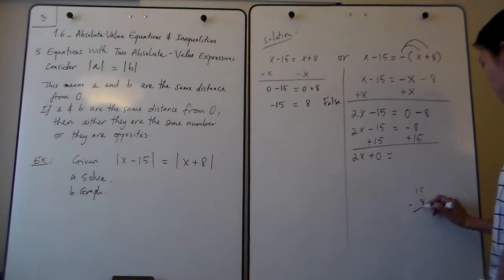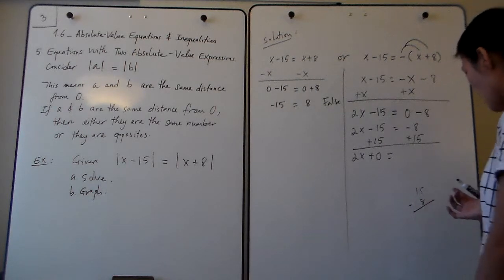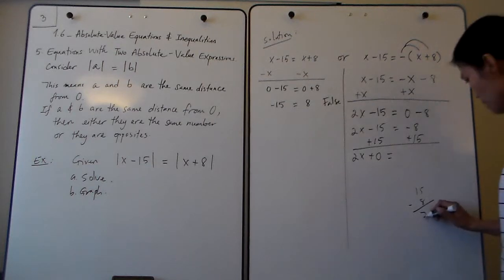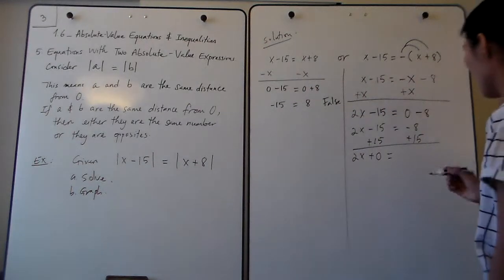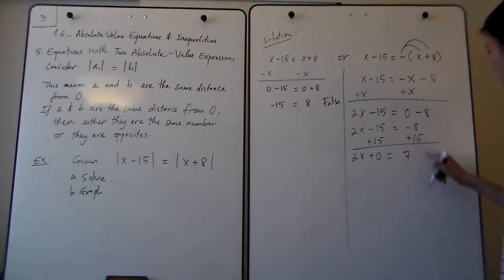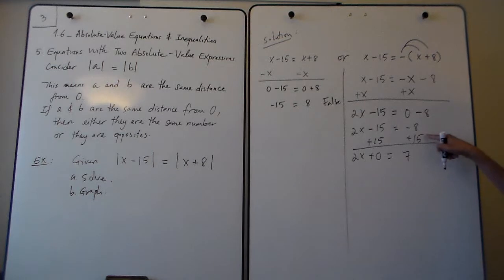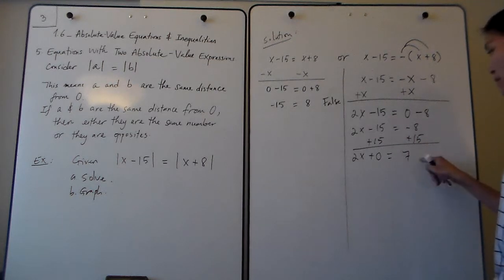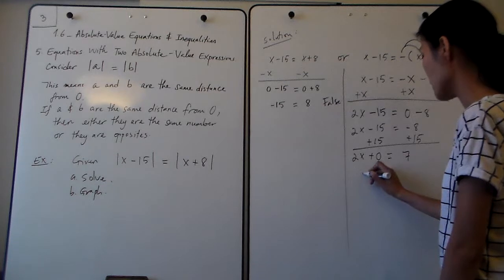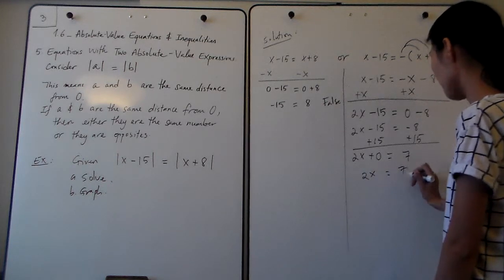Remember, if the number that's bigger is positive, it has the sign of that number. 15 and negative a, 15 is bigger, so we keep the sign of the bigger number. 2x plus 0 is 2x, equal to that result.